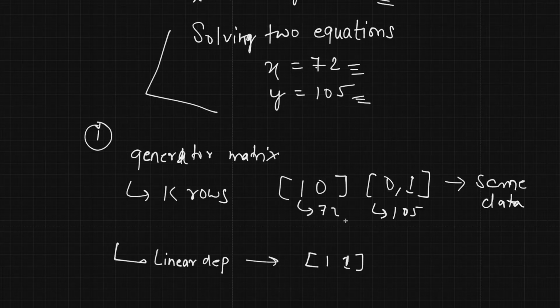Here I got 72 and 105 with two different rows, and here I will get 72 and 105 by multiplying 1 1. And third, it is a linearly independent row, which is not exactly 1 1, but some random values. So in this case 1 2, and using it I got 282.